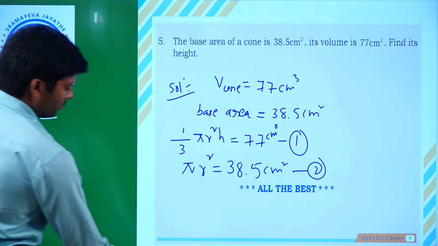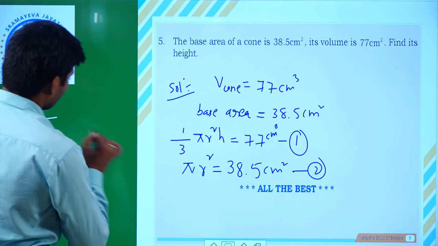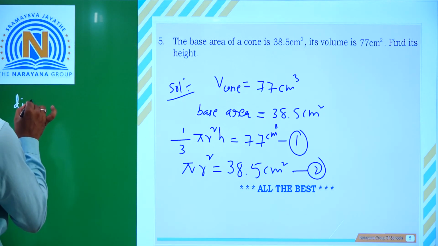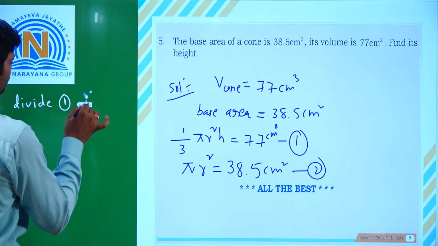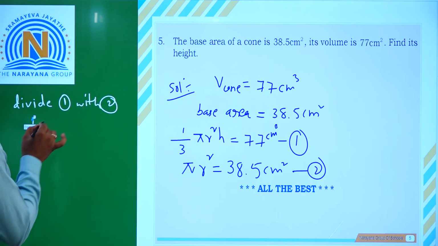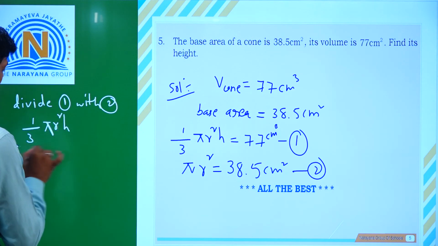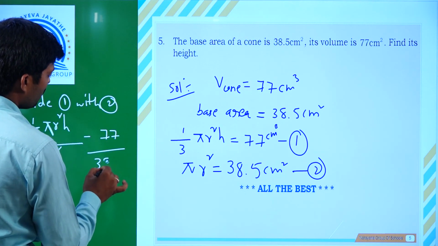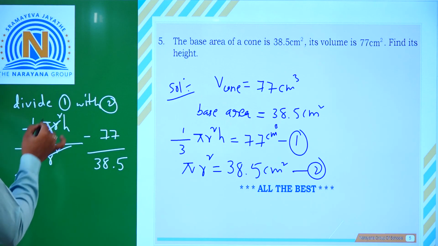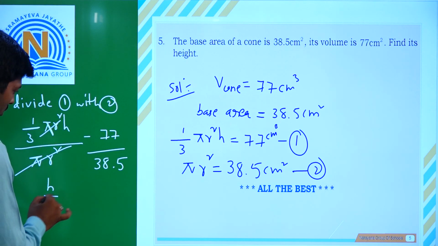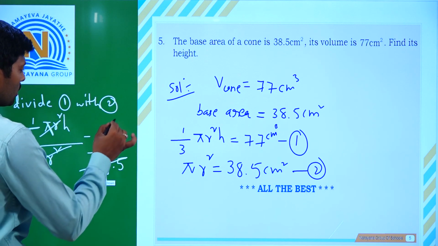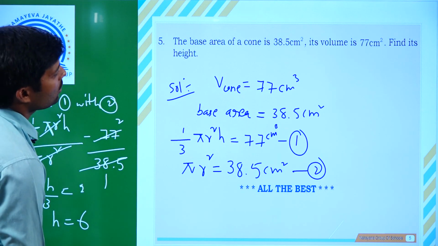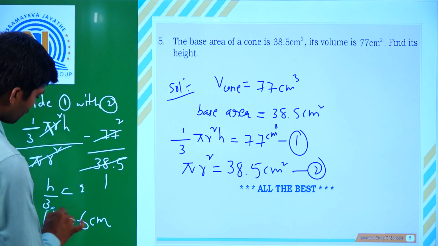So divide 1 by 2, that is 1 by 3 pi r square h upon pi r square is equal to 77 upon 38.5. So here pi r square will get cancelled. So h by 3 is equal to how much? 38.5 twos are 77, directly it will get cancelled, is equal to 2. So that h is equal to how much? 6 centimeters. H is equal to 6 centimeter, which is the height of the cone.